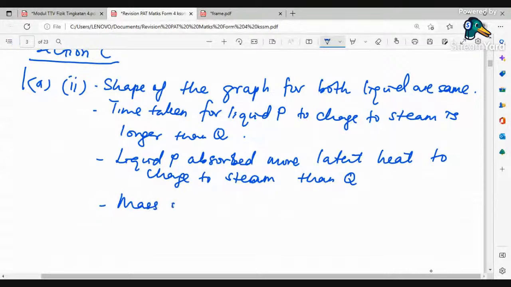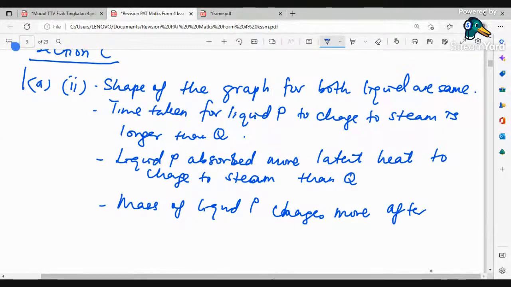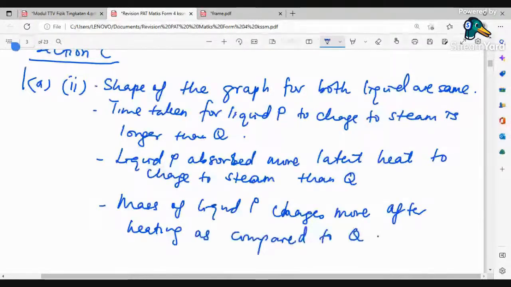Mass of liquid P changes more after heating as compared with Q. Okay, saya dapat ada 4 markah.